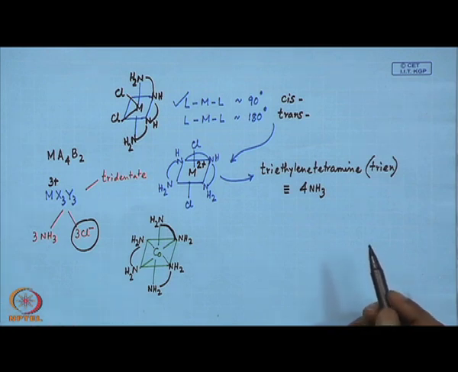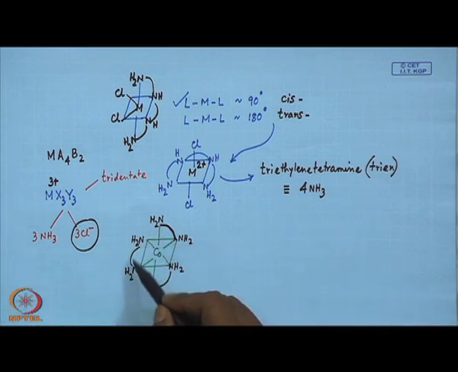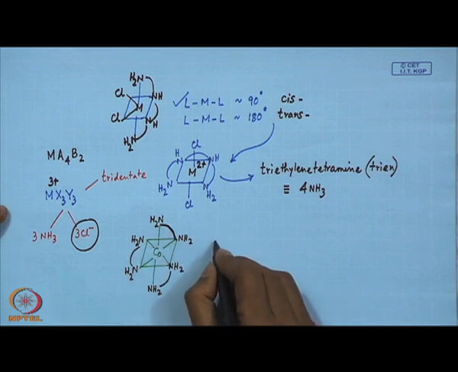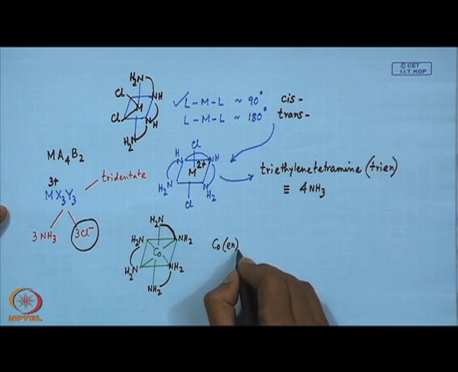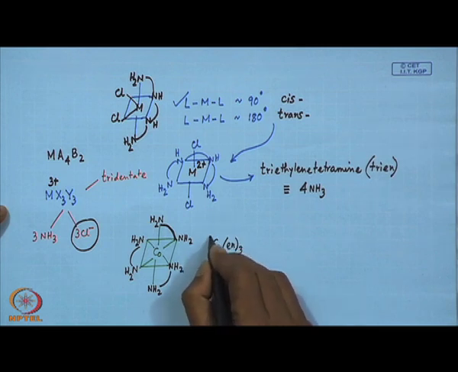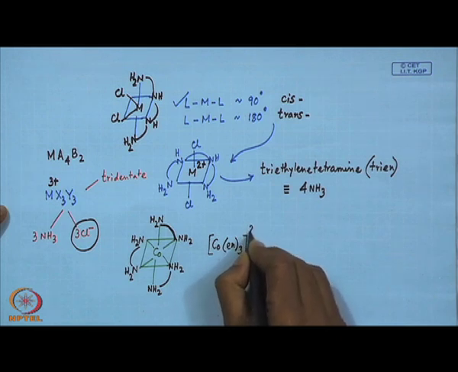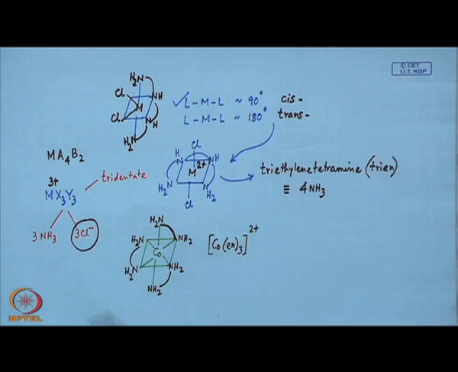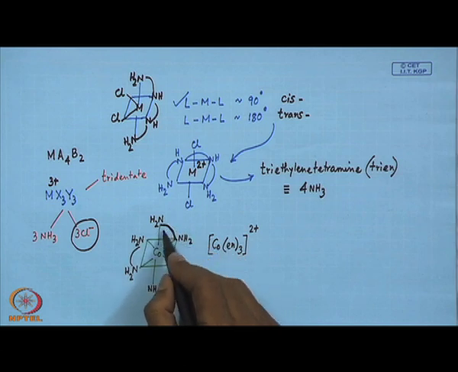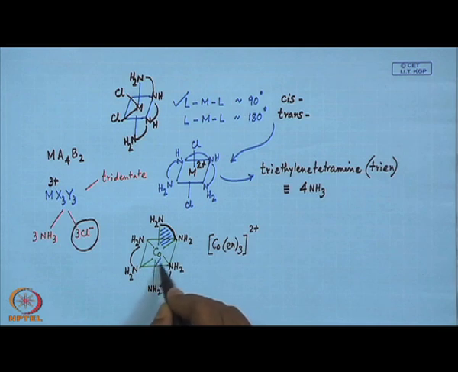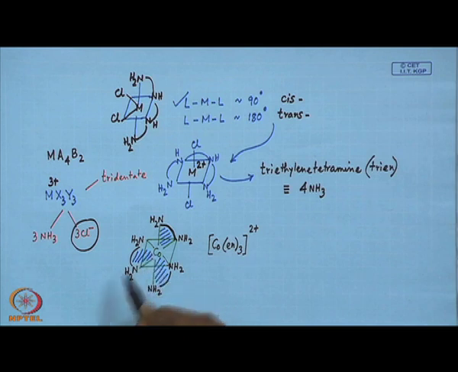So, 3 ligands can bind to these 3 positions, fulfilling the corresponding compound as Co(en)3 2+. When they are forming this coordination to the metal center, we get one particular chelate plane, this is another chelate plane and this is the third chelate plane.